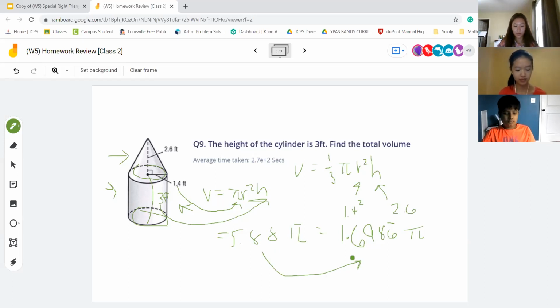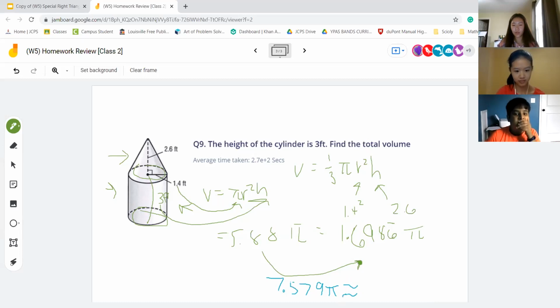2.6 times pi plus... that gives me 23.81. It doesn't say where to round, but I'm just going to round to the hundredths.